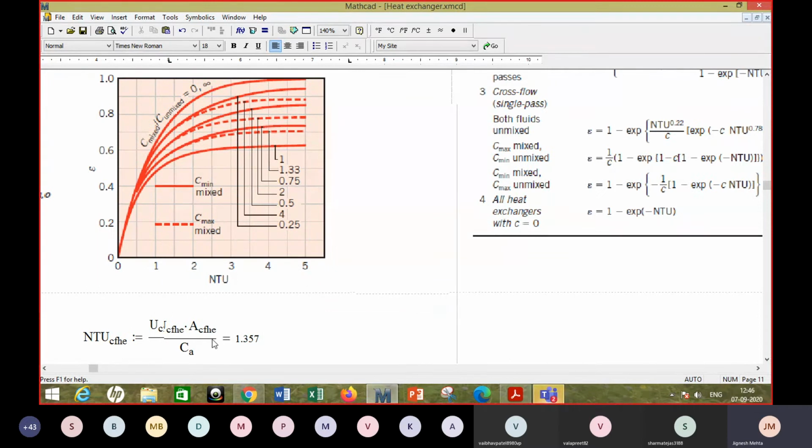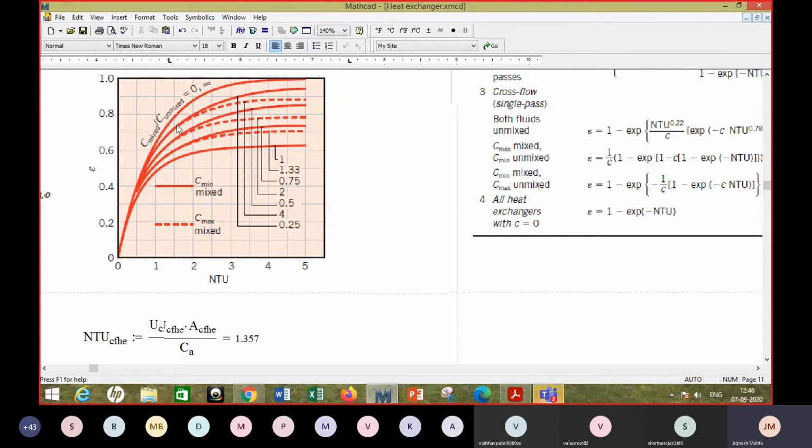NTU is 1.357. In this graph, it's only 1 and then directly 1.5 available. So let's move on 1.5, and this ratio CR is close to 0.25, so this is the line for 0.25.